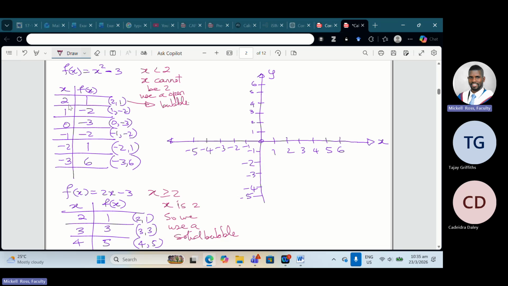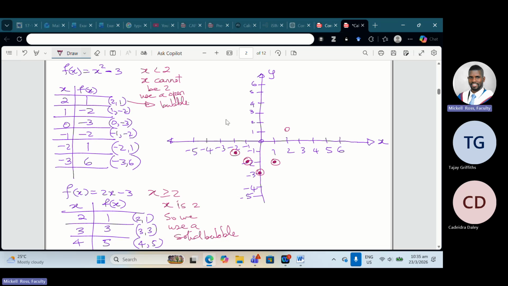So the first point is going to be 2, 1, open bubble. Then 1, -2, that's a point. 0, -3, that's a point. -1, -2, that's a point. -2, 1, that's a point.